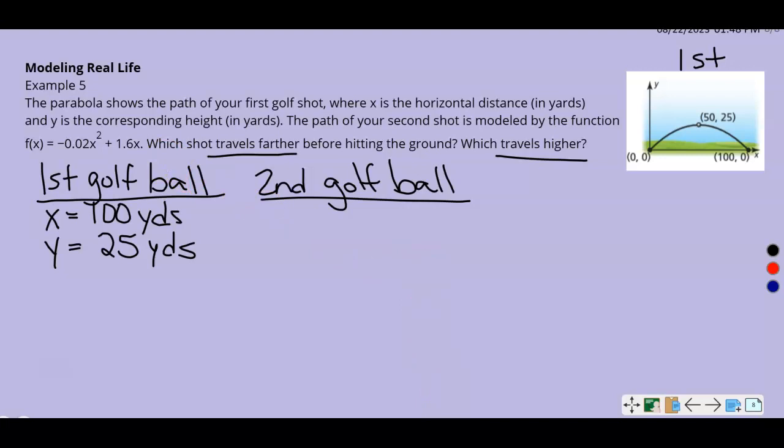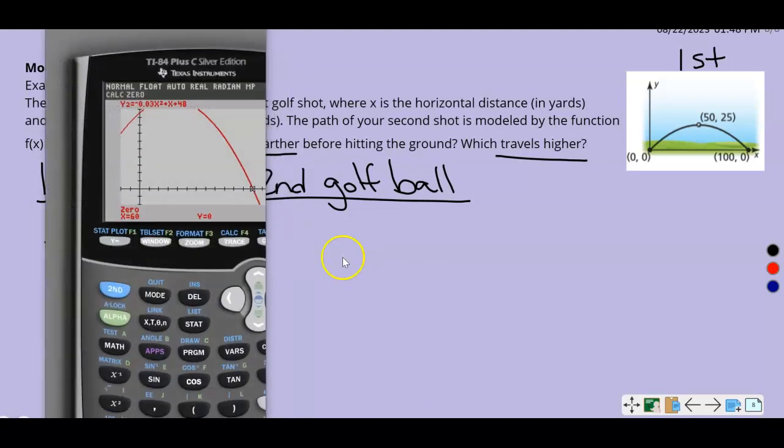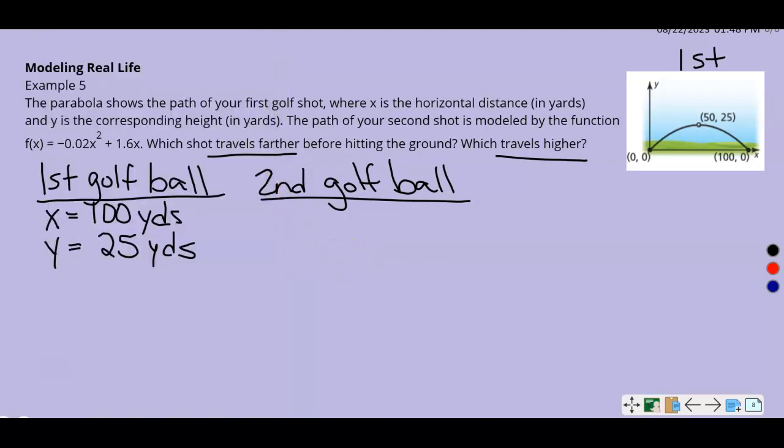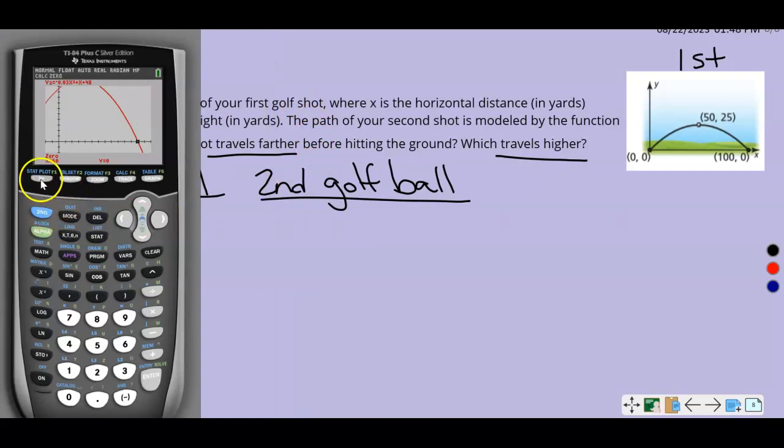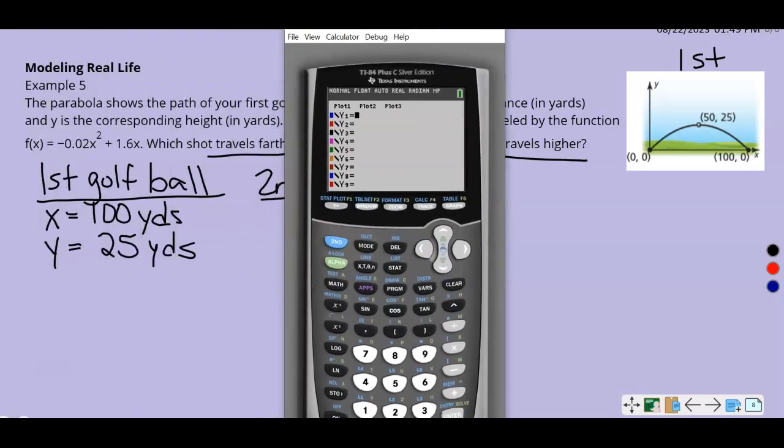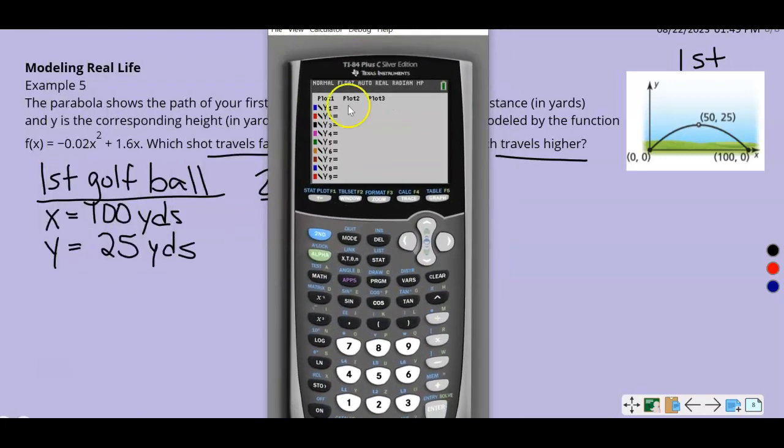So let's pull up our calculator. We're going to go to y equals. We're going to clear out what we have from the previous equation. Now we're going to go to y equals, and we're going to graph our function that we're given for our second golf ball.